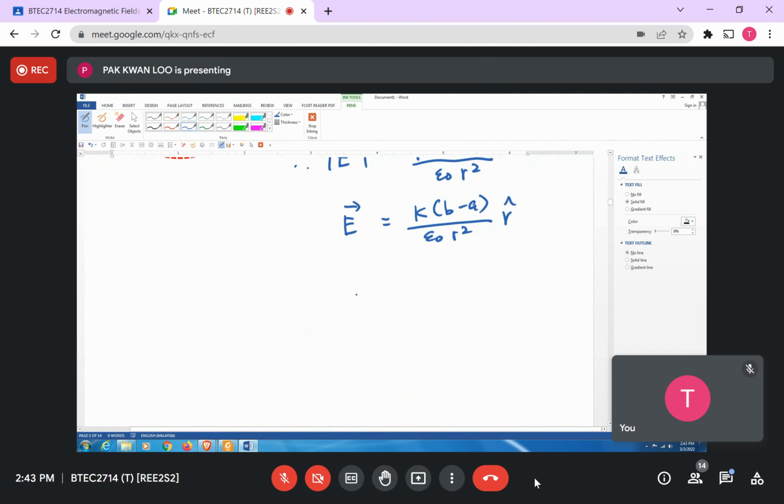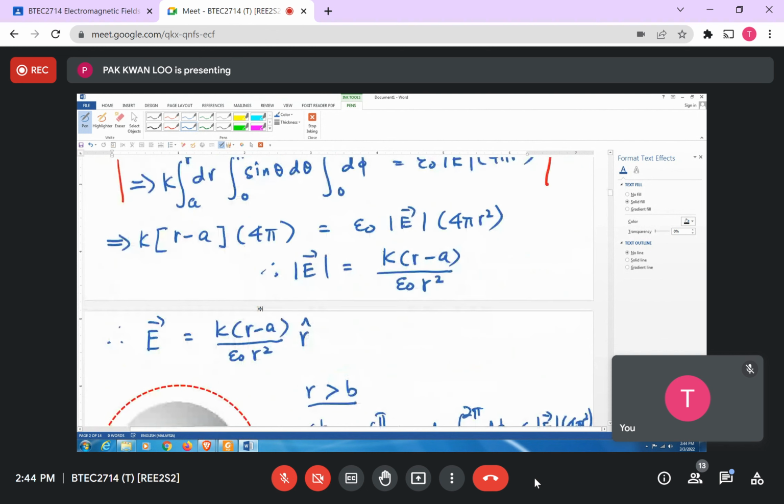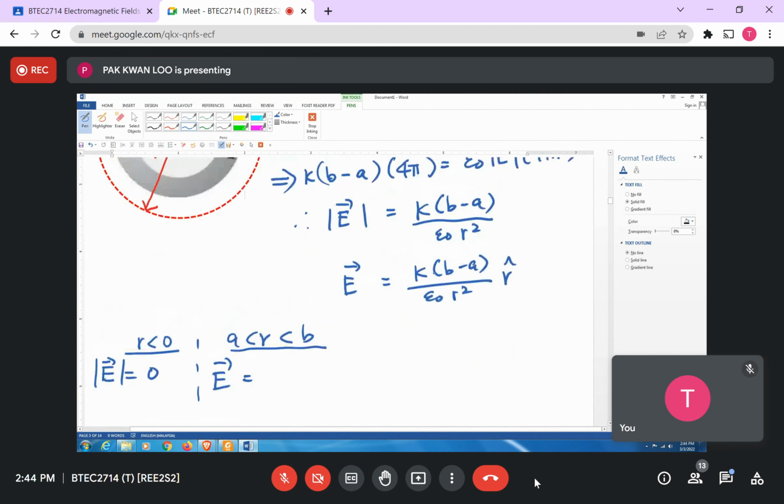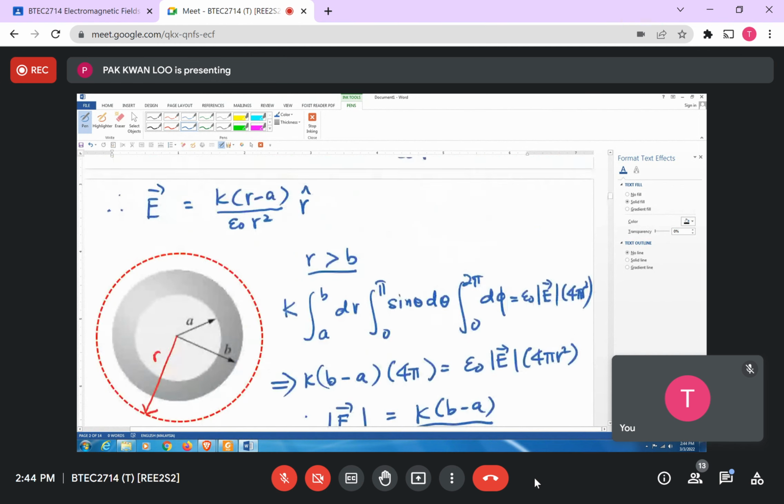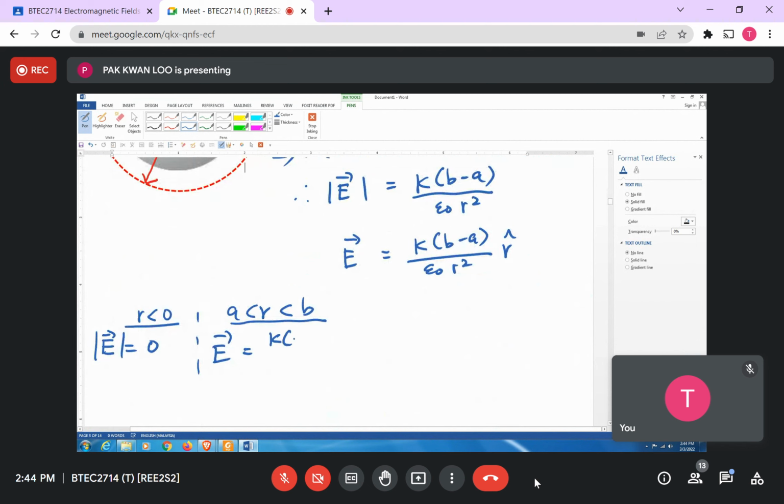So for R less than A, we have E equals 0. Between A and B, we have K times R minus A over epsilon naught R squared.